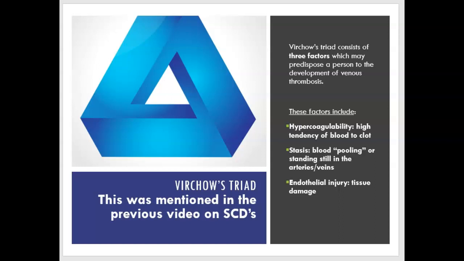If that has been damaged by, let's say, inflammation, platelets will start to aggregate there or cling to that spot, and then more platelets and fibrin and fibrinogen and red blood cells all get stuck there. So that is another risk factor in this triad which predisposes a person to the development of venous thrombosis or blood clots.